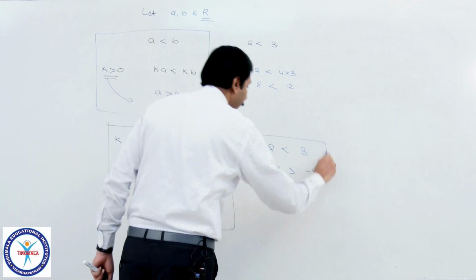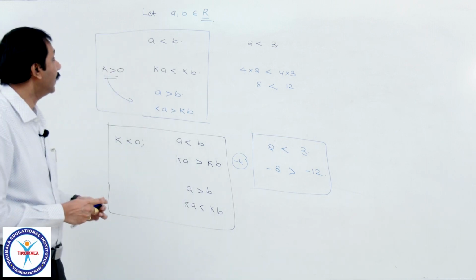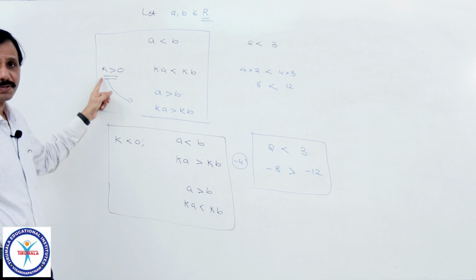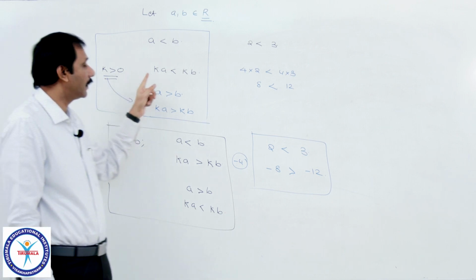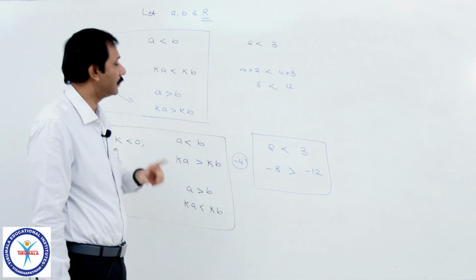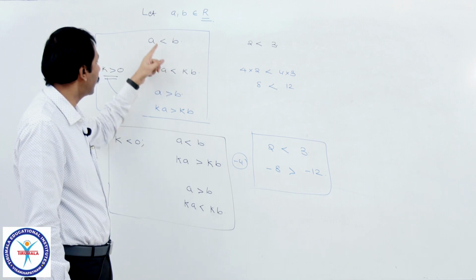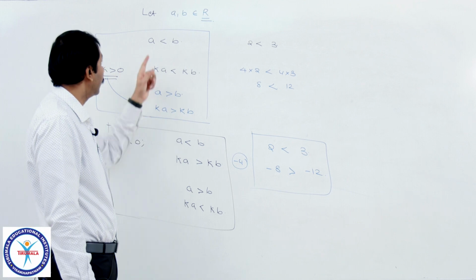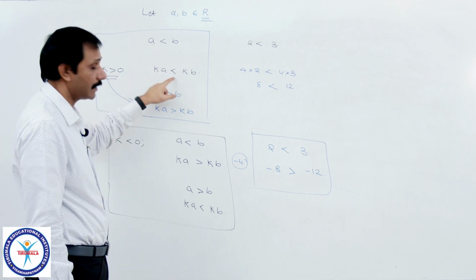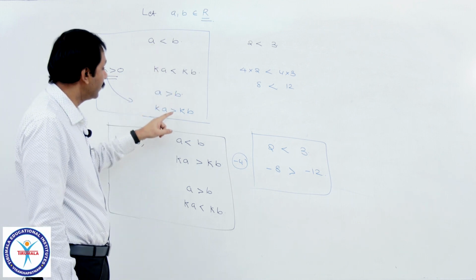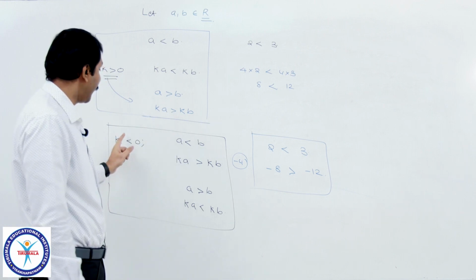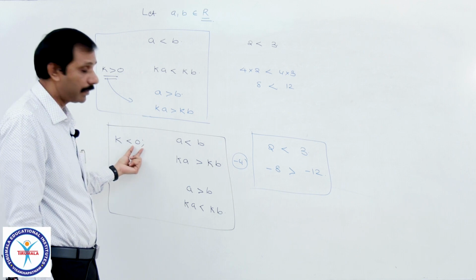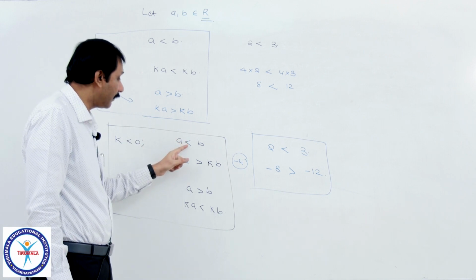Therefore, please remember this. Whenever an inequality is multiplied by a positive real number, that inequality will not change. Less than will remain less than only, greater than will remain greater than only. Whereas if you multiply any inequality with a negative real number, then that inequality will be reversed.